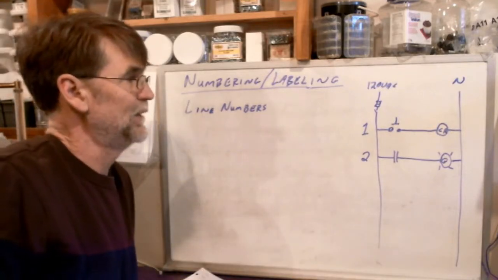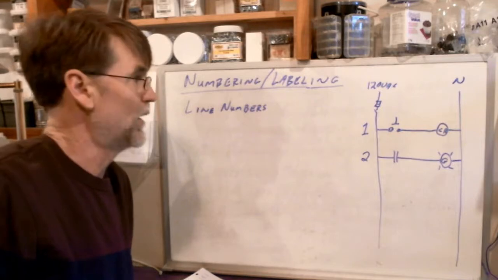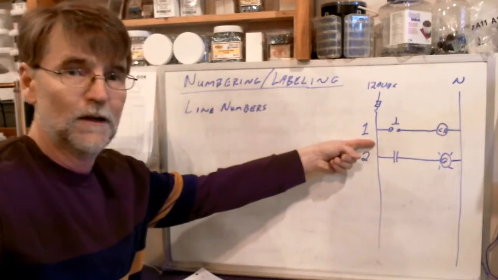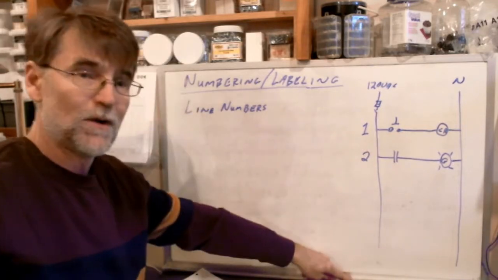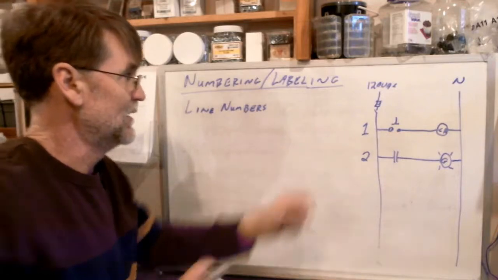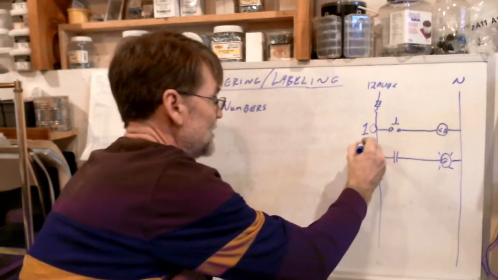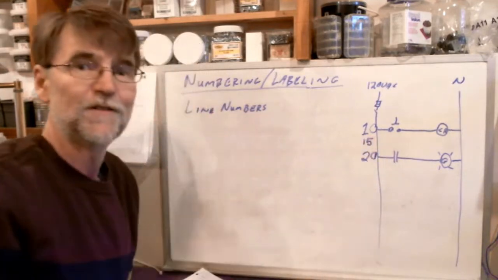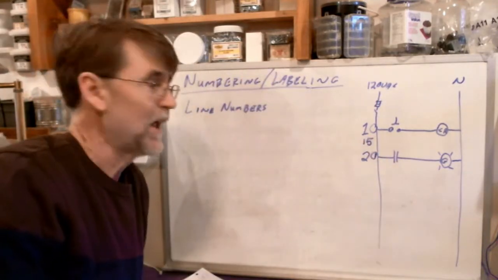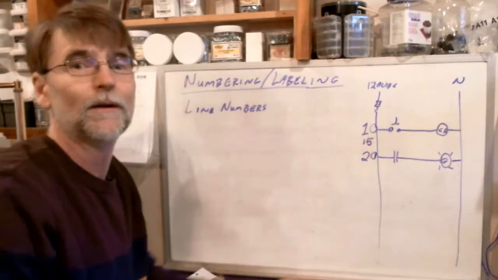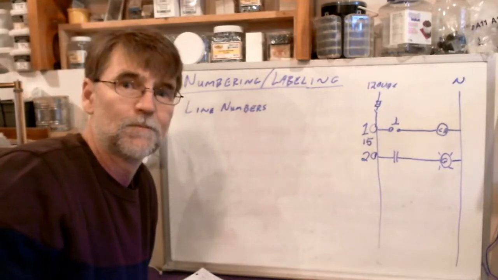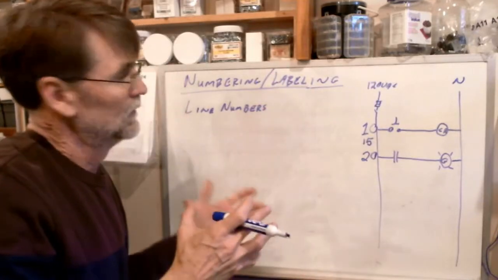And so if later on they want to make an addition and add a rung in here, they don't have to change all of these rung numbers. They can just slide in here. So if this was 10 and 20, they could just slide in here and create a rung 15 at some time in the future, and it doesn't destroy the numbering of everything else that they've done. So it doesn't really matter.